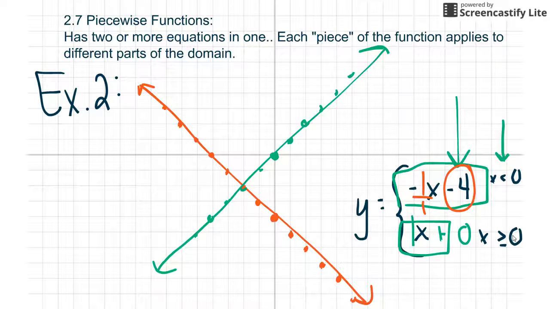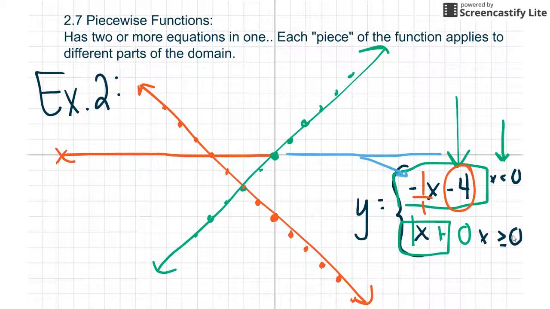So now I go back, and again, you don't have to do this. You could do this right away. But for the first line that I have in orange here, it says that this is only good for when x is less than 0. So again, this line right here is your x-axis. All the x's over here on this side are negative, and all the x's over here are positive.